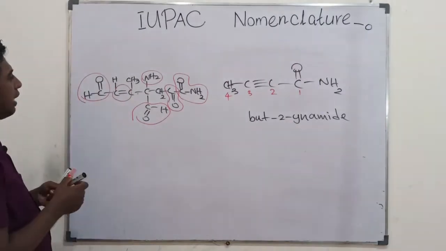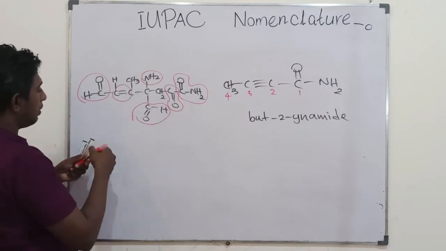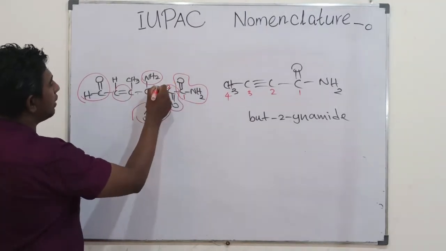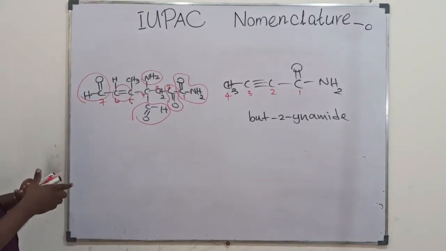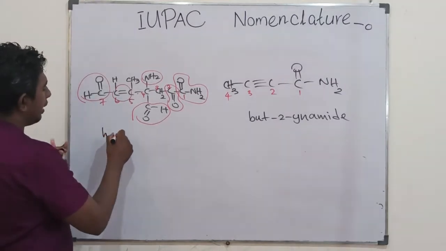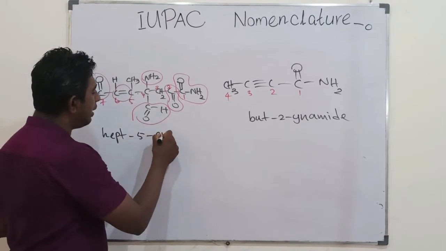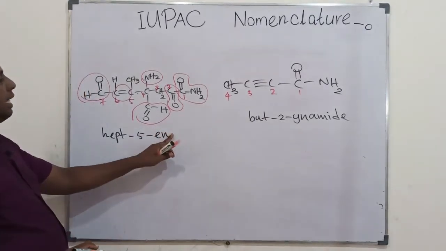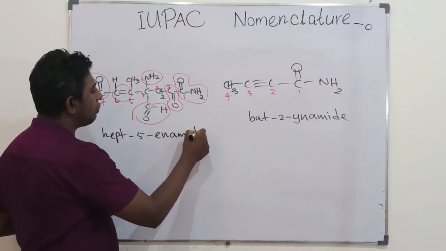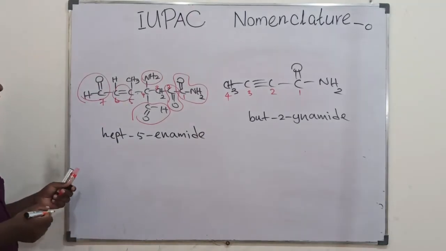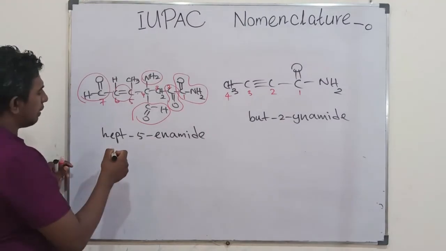Then students, I can number the chain taking the prominent group as first. It's 1, 2, 3, 4, 5, 6, 7, and you have 7 carbons. So it's hept. Then it's an alkene, on the fifth you have ene. You cut the vowel sound e at the end, then you give the suffix amide because it's 1 amide. That's the stem name. Then you have these subfunctional groups.